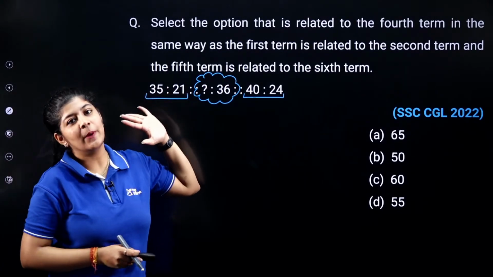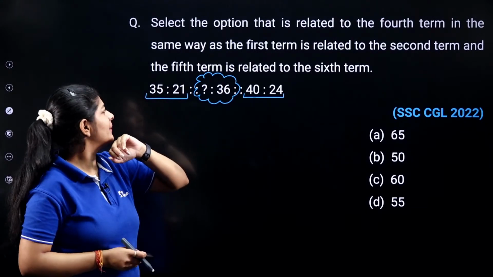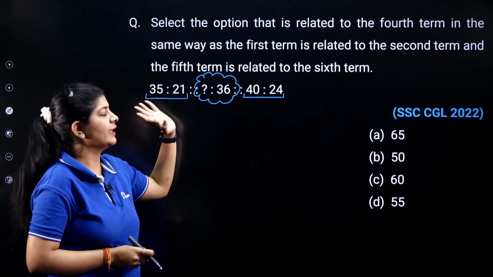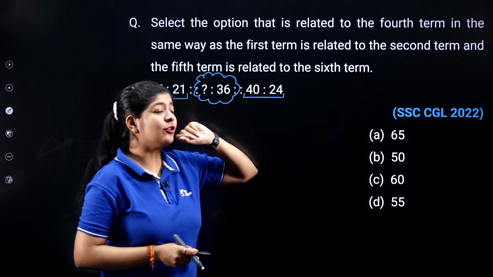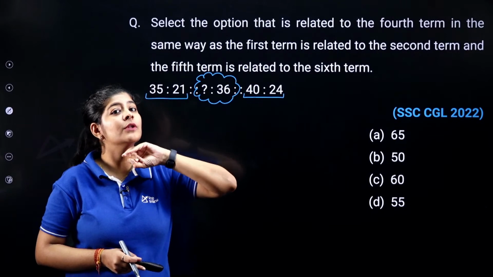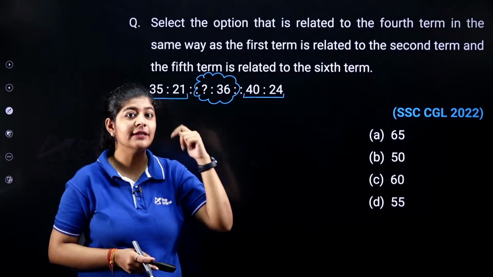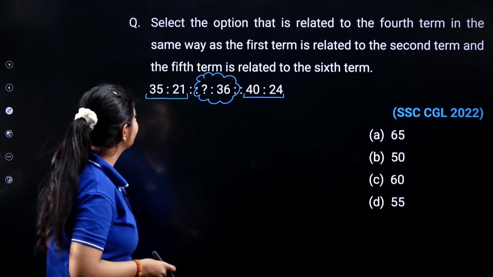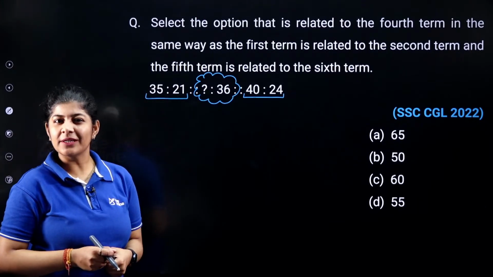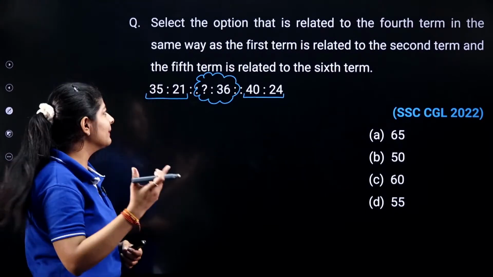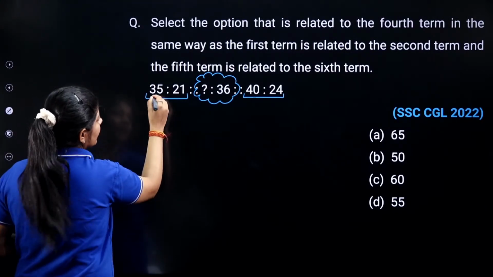35, 21. If I talk about the difference, it is 14, right? Here 40 and 24, the difference is not equal to 14. That means I need to think alternatively. This 35 and 21, I know that both are multiples of 7.